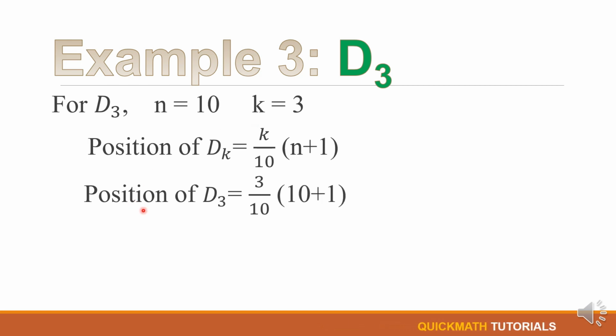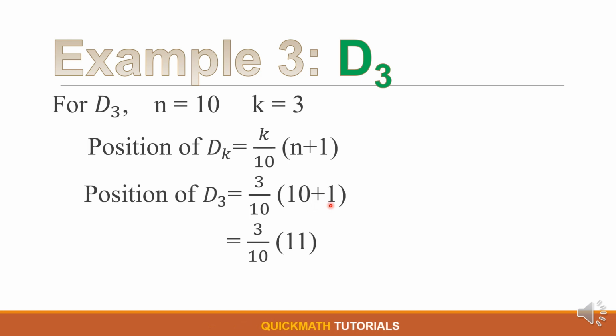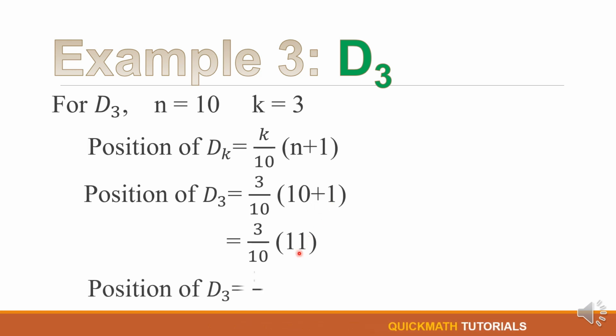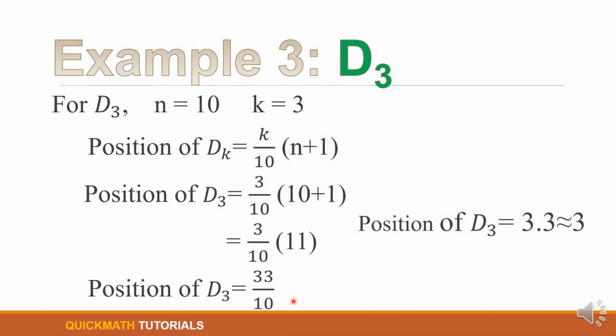So the position of d sub 3 is equal to 3 over 10 times n, which is 10 plus 1. 10 plus 1 is equal to 11. 11 times 3 is equal to 33 over 10. 33 over 10 is equal to 3.3, which we will round off, so it will become 3.